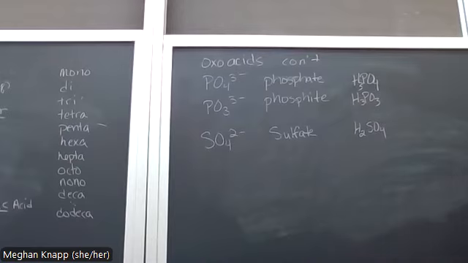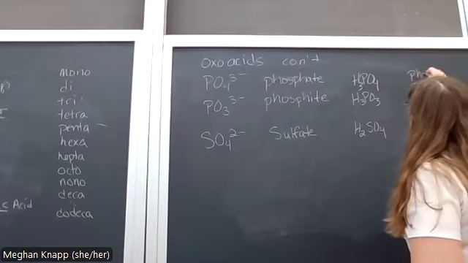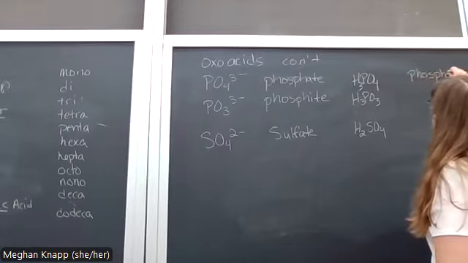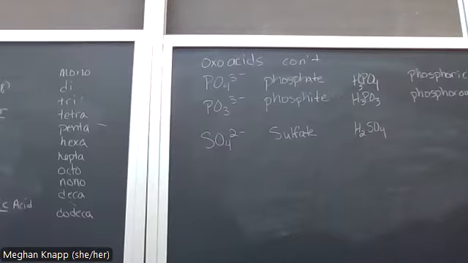Okay, so we don't use the whole name. We don't call it phosphorussic acid. We call it phosphoric acid. It's a little bit weird. And then what about this one? H2SO4. Sulfuric.